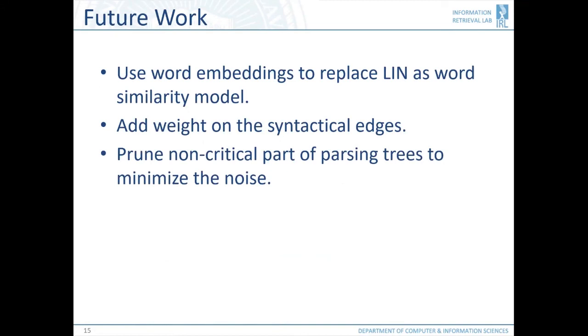Those parts are just for the syntactical or grammar purpose. So we plan to adopt a pruning method to cut all those non-critical parts to make our method, TopoSem, more robust.